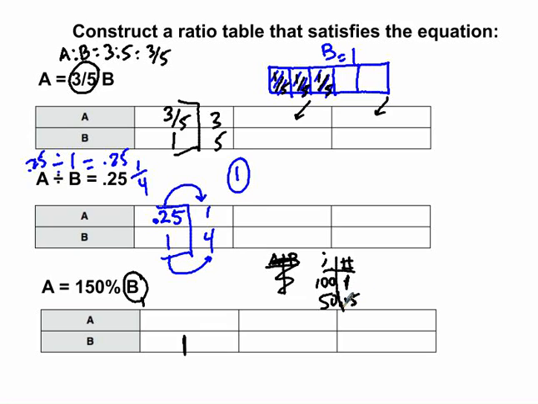And 150% would be 100% plus 50%, or 1.5. So 1.5, but that's also the same thing as 150 to 100. So the only challenge with that second part is just figuring out what's the first value to getting your ratio table. And once you figure out that, the rest will be pretty simple.